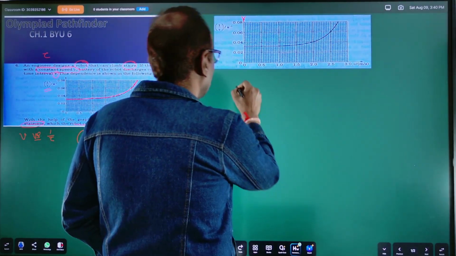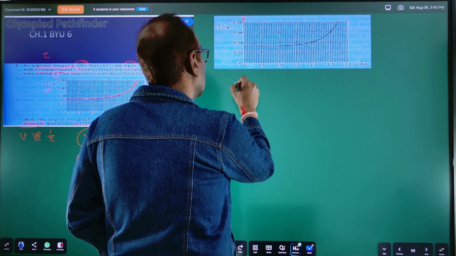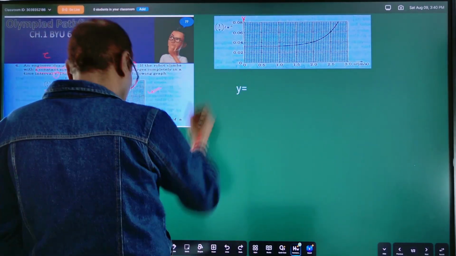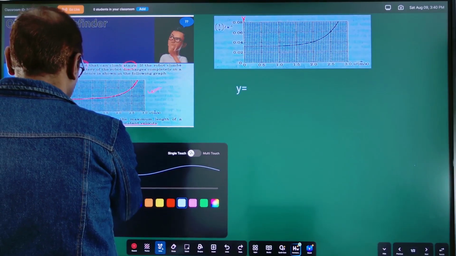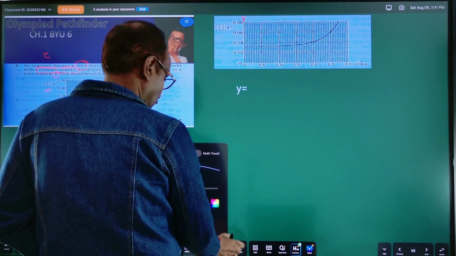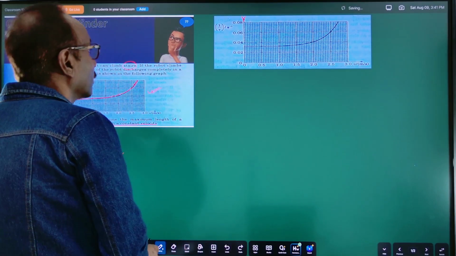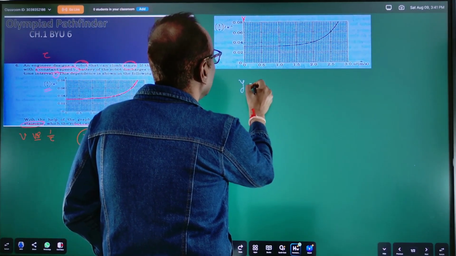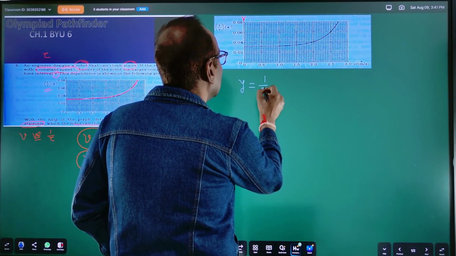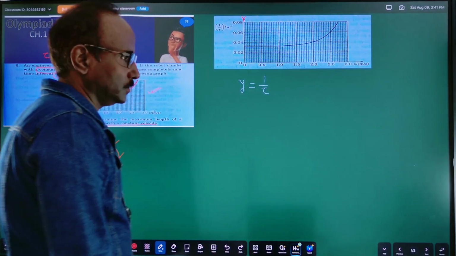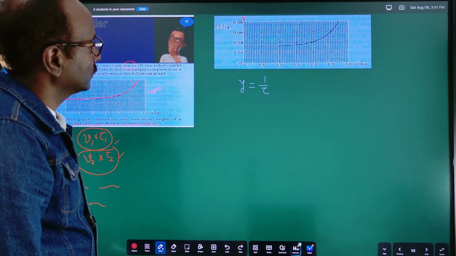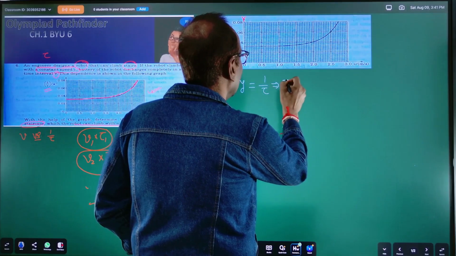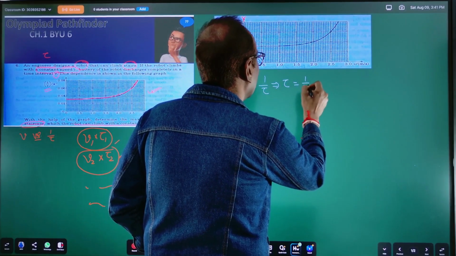So what will be the y coordinate and how can it be expressed? y will be equal to 1 by tau. So your tau will be 1 by y.